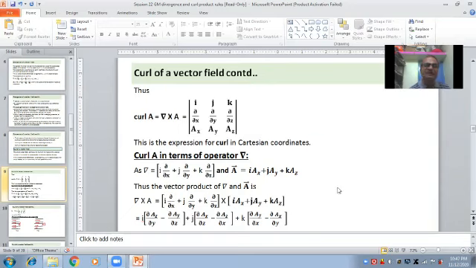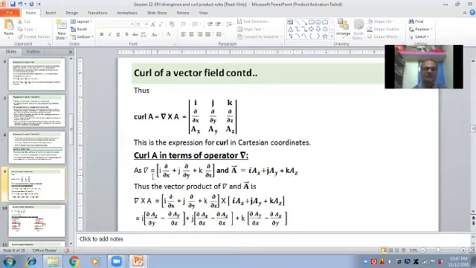So the curl in terms of del operator can be obtained. So this is the del operator, and here is a vector in component form. Component form means the x component, y component, z components are there.